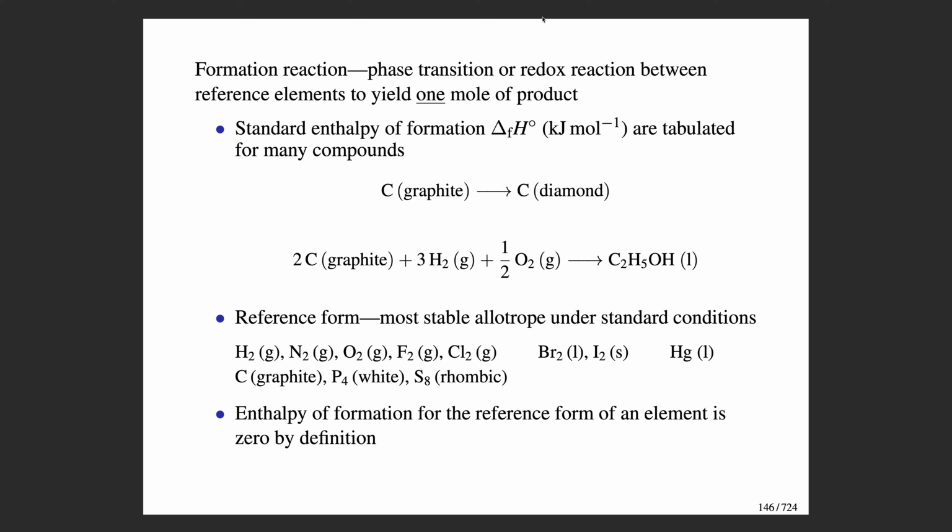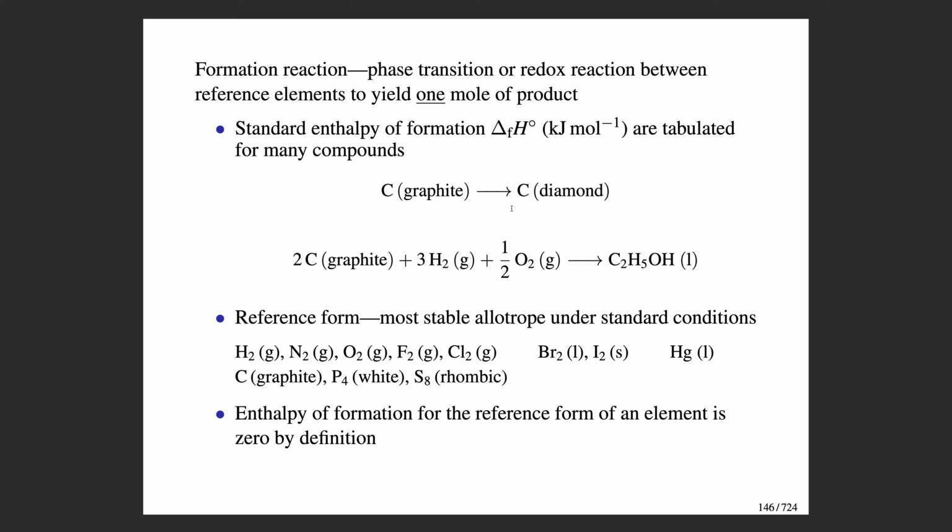Here we would be considering either a phase transition of some sort or a redox reaction between elements in their reference form. And the key feature is that it yields only 1 mole of product. And so here are 2 examples.